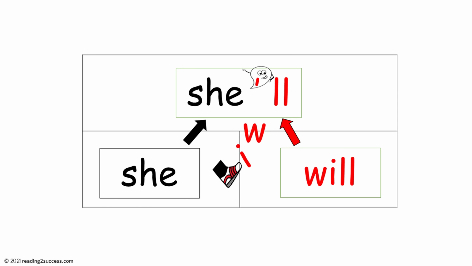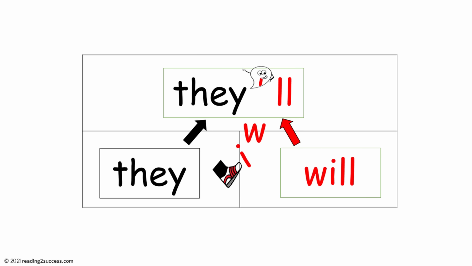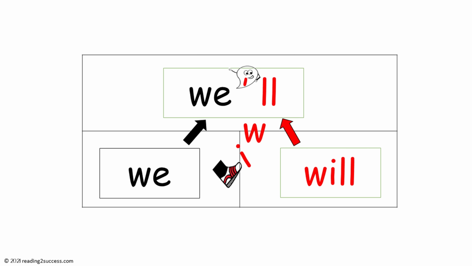Place she and will together, toss out W and I, and make the contraction she'll. Put they and will together, toss out the letters W and I, and make the contraction they'll. Put we and will together, toss out the letters W and I, and make the contraction we'll.